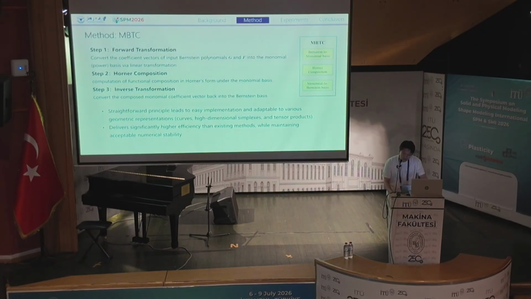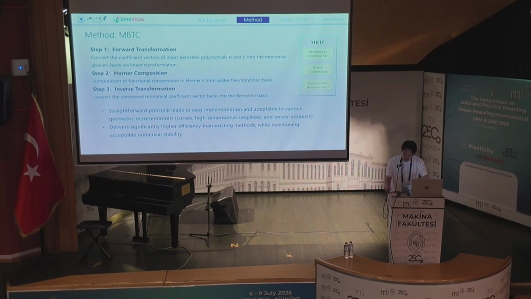To further improve efficiency and resolve the trade-offs, we propose MBTC. In the first step, we convert the coefficient vectors of the input Bernstein polynomials g and f into the monomial basis, or as we say, power basis, via a linear transformation, which is formulated as a matrix-vector multiplication using the basis transformation matrix.